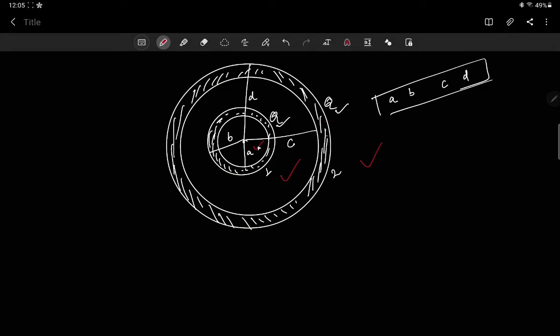Let me tell you why the electric field will be 0 in this region. If you draw a Gaussian surface here, we know that the electric field lines are always normal to the surface of the metal, and also outward if the charge is positive.